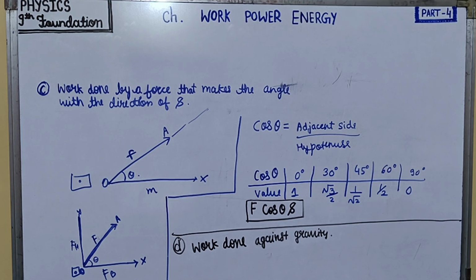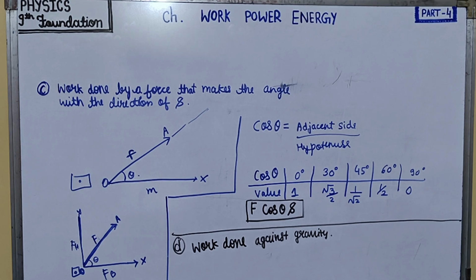Suppose a body of mass m is lifted vertically upward through a distance of h. Then the force required to lift the body will be equal to the weight of the body, mg, weight of the body m into g, where g is the acceleration due to gravity.